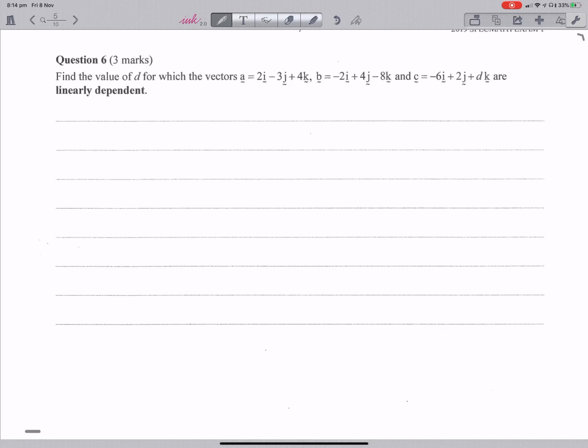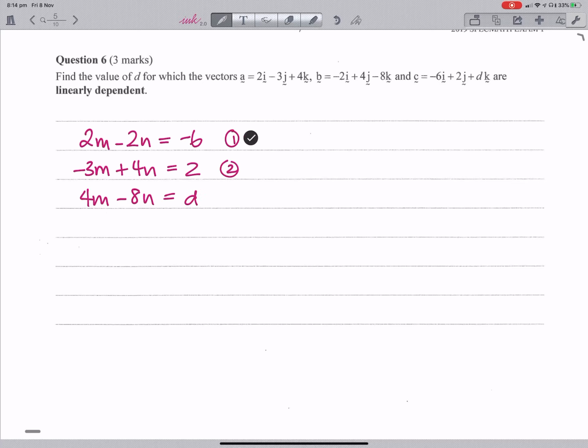Okay, find the value of d for which the vectors are linearly dependent. Okay, 2m minus 2n equals negative 6. Negative 3m plus 4n is equal to 2. 4m minus 8n is equal to d.